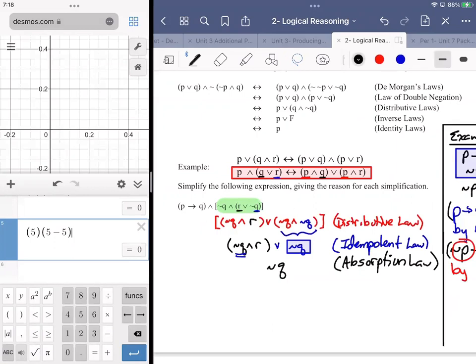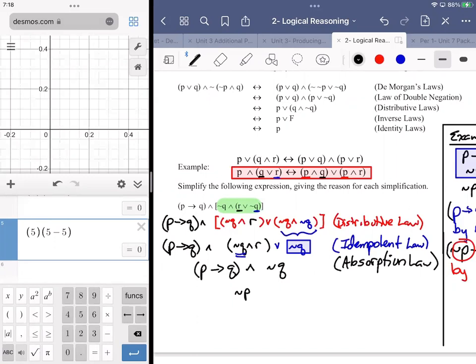Right, so now I have, and I've been neglecting this P implies Q for the longest time. That's been there, I've just been ignoring it. But this is a tailor-made rule.